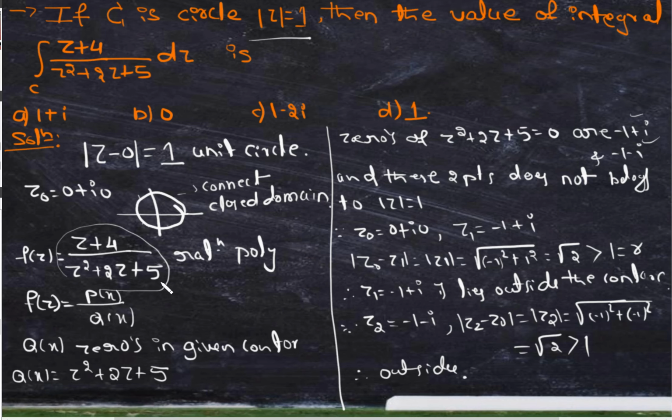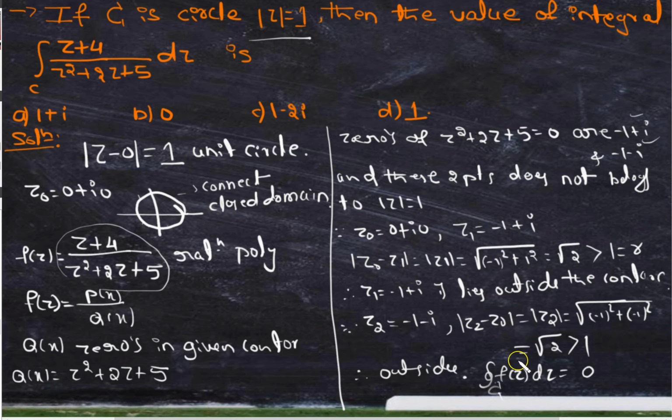Then according to the Cauchy-Goursat theorem, if a function is analytic everywhere in this closed contour, the integral of f(z) dz is equal to 0 over the contour. In this case the contour is modulus of z equal to 1, and the integral is 0.